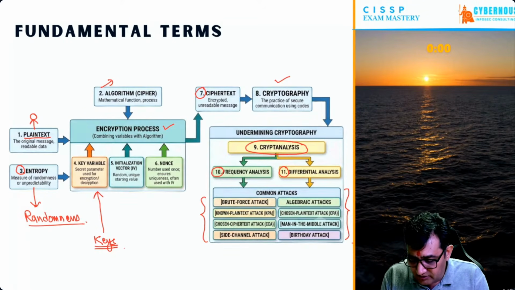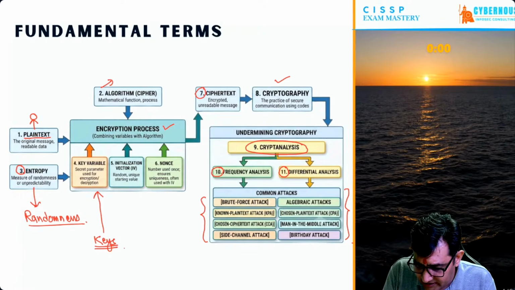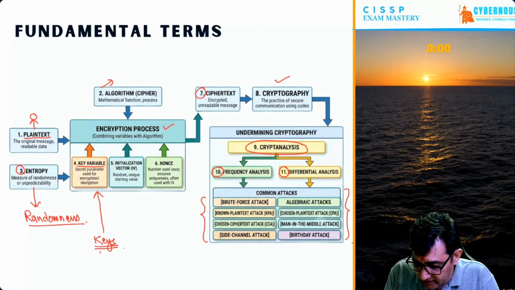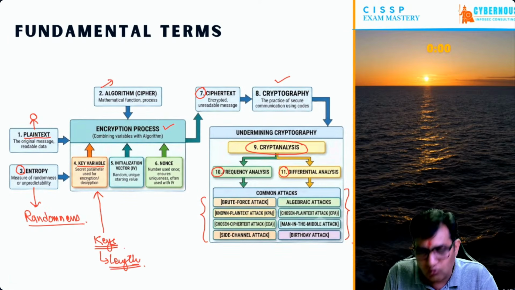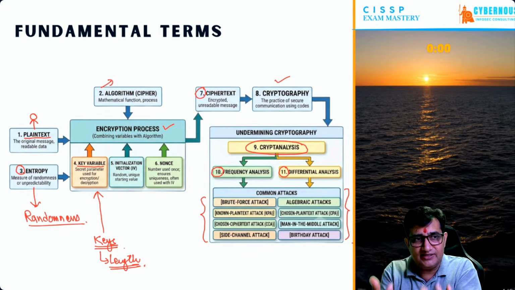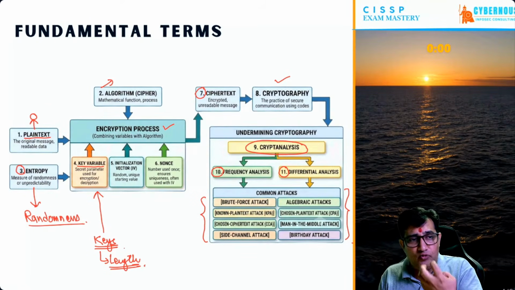This key is also called a key variable, because it may vary. And the length of the key plays a very important role. The length and the randomness of how the key is generated play a very important role in the strength of cryptography.